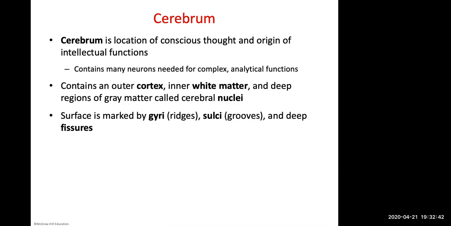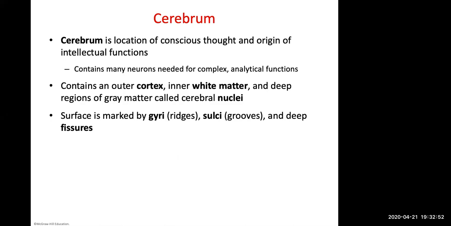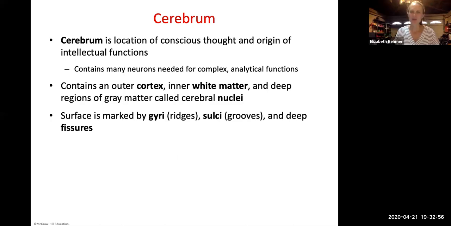Okay. So the cerebrum, what was the cerebrum again? Can you picture what the cerebrum is in your head? The cerebrum was all of the gyri and sulci, so it's all the brain ridges and folds and grooves and the fissures.